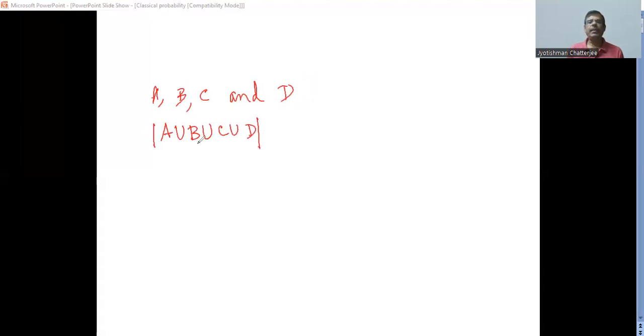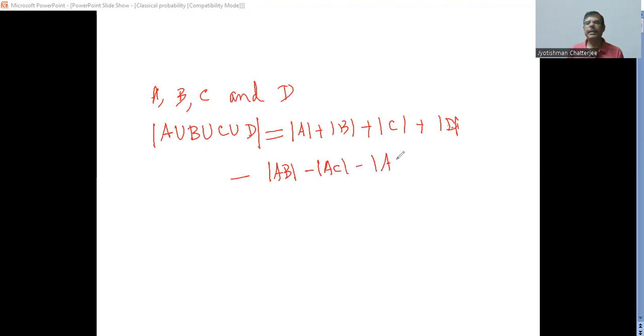So it will help us to find out the size of this union set, A union B union C union D, and that will be equal to size of A plus size of B minus size of AB. I'll have to take all the 2 symbol things now. AB, AC, AD. I'm doing it systematically. Minus BC, minus BD, minus CD.